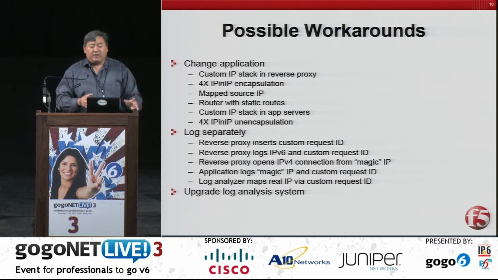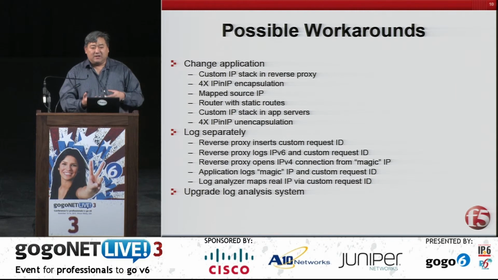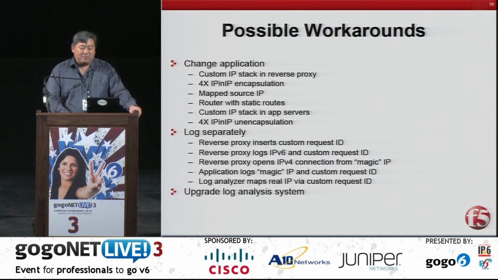And so then your log analyzer is doing the mapping of the real IP address to the custom request ID, or perhaps the timestamp, and figuring that out, right? But that leads to the other thing: most likely you have to update your log analysis system, one way or the other.